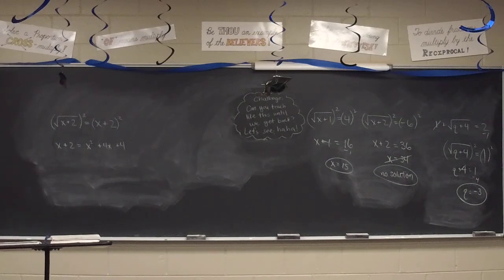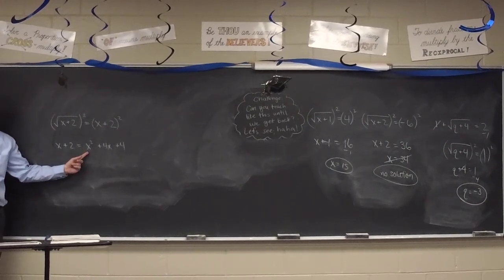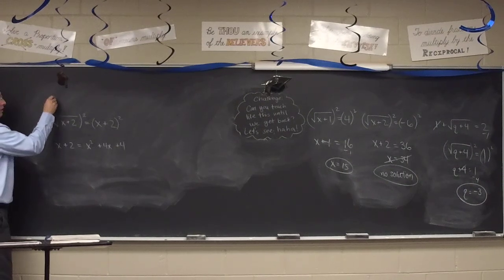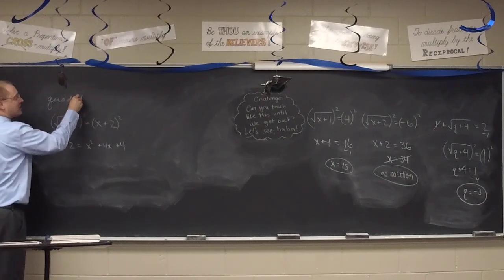Now notice though, what started as a radical equation now has an x squared in it. What do we call an equation with an x squared in it? A quadratic equation.